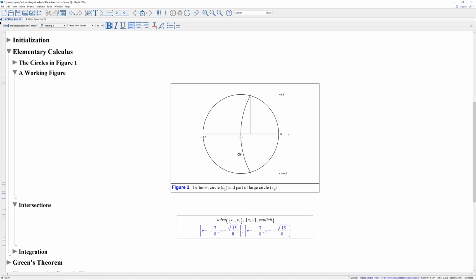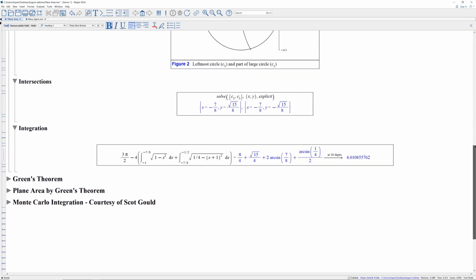The intersection of circle C1, which is the unit circle, and C3, which is the leftmost circle. There are two intersections, clearly one here and one here. And it is this x coordinate that I really need. That's at -7/8. So that's -1. This is -7/8.